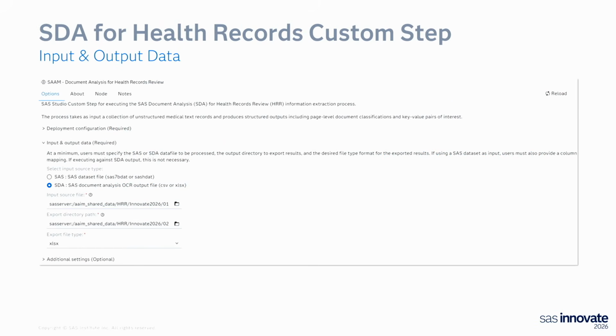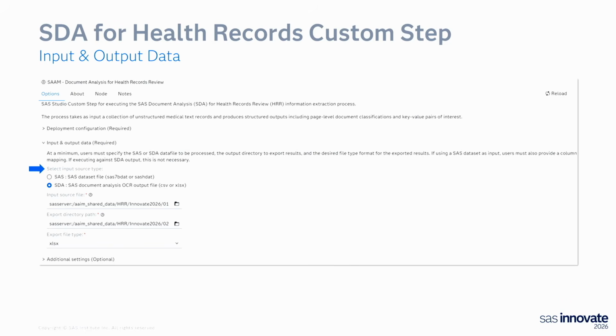So I just thought I'd show you a quick example of how we execute the SDA for Health Records model. This is using a custom step user interface that's built to work in SAS Studio. It's all point and click. There's no code involved here. The first thing you have to do is select your input, and we offer 2 different types of inputs.